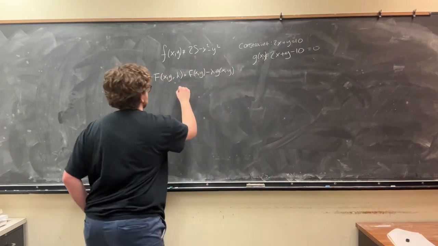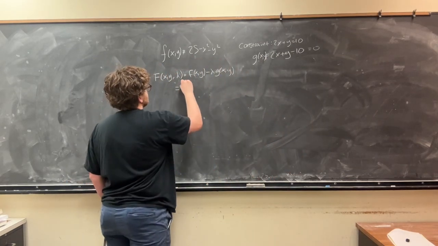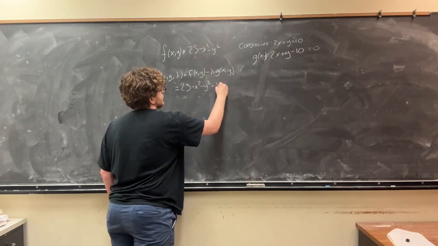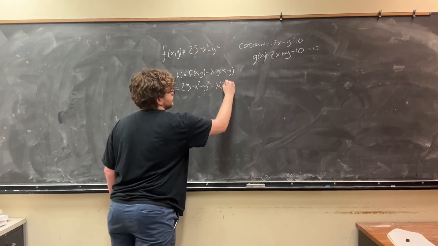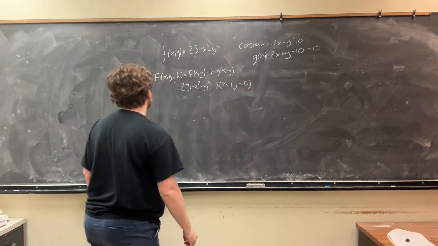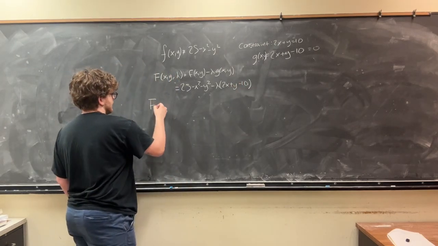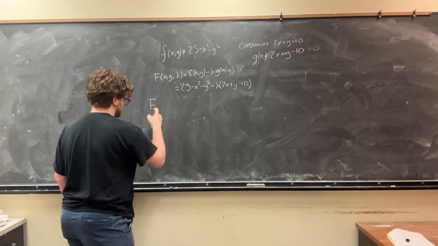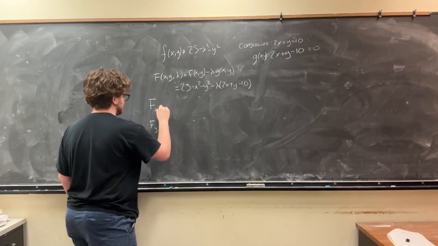That's going to be 25 minus x squared minus y squared minus lambda times 2x plus y minus 10. And we're going to find the first partials with respect to x, y, and lambda.